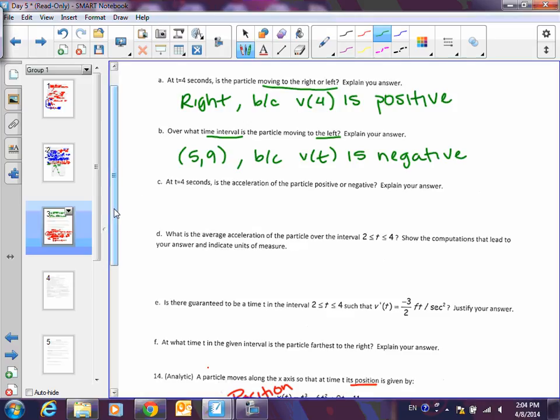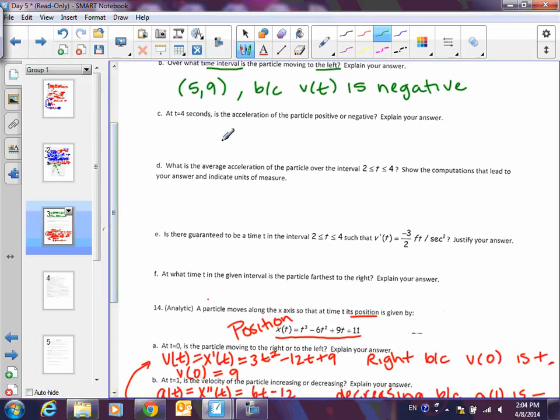That's pretty good. C says at t equals 4 seconds, is the acceleration of the particle positive or negative? Negative. Now remember, acceleration is v prime. So what are we going to look at on the picture? Slope. So at t equals 4, is the slope positive or negative? Negative. Can we say because?